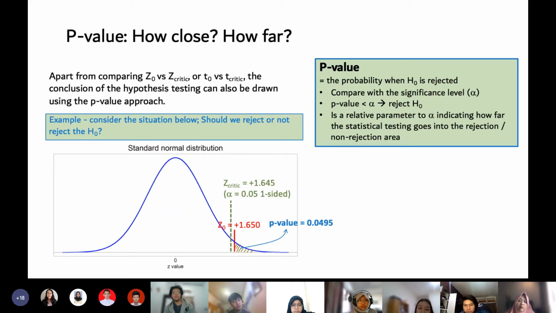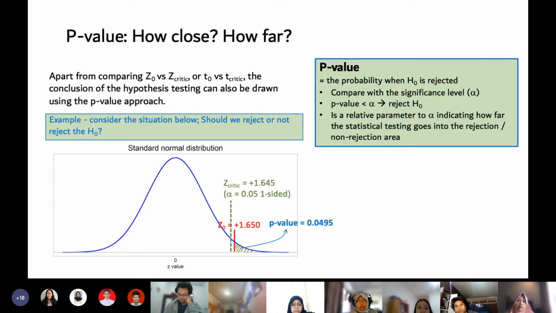To avoid these potential difficulties, the p-value approach to hypothesis testing has been widely adopted in practice. The p-value is basically the probability of rejecting H0.